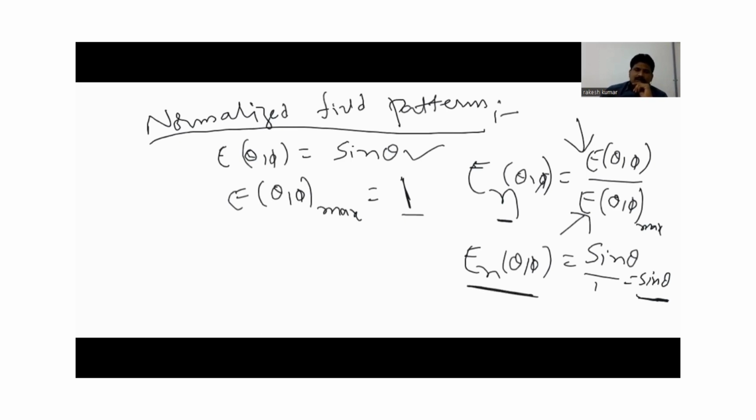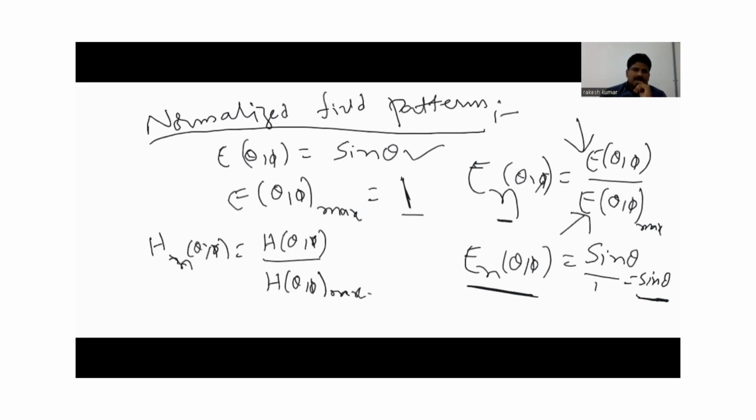Similarly, what is the formula for magnetic field? If it is expressed in magnetic field, H normalized of theta comma phi is equal to H of theta comma phi divided by H of theta comma phi max, by the same formula.